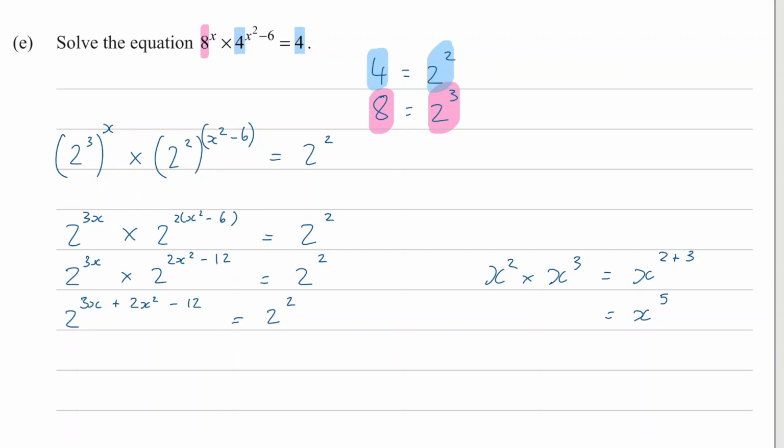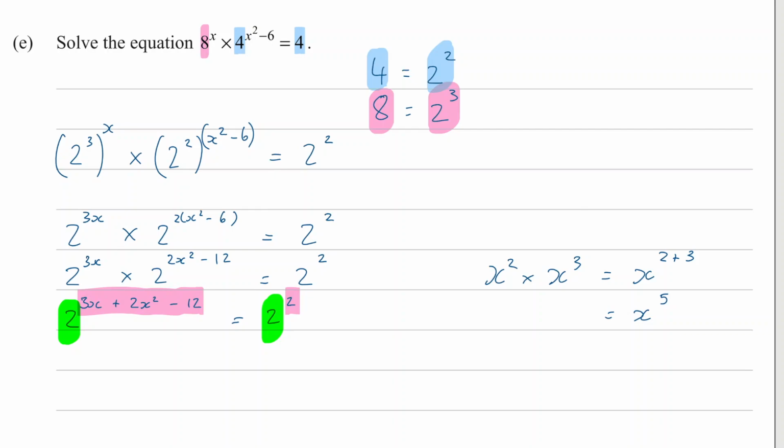Alright, now, good place to be. We have an exponential term on the left, an exponential term on the right, and critically, they have the same base 2. So we can equate the powers. The powers being 3x plus 2x squared minus 12 and 2.